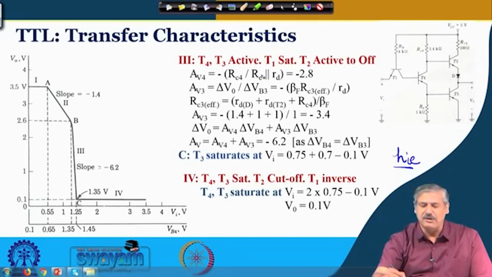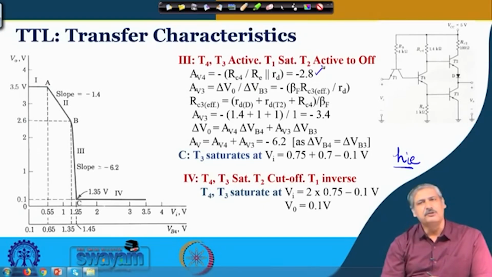So, this will not remain exactly at this particular value, but gradually this denominator will become less, but for our approximate calculation, this is sufficient. So, 1 kilo ohm in parallel, that is 0.5 kilo ohm, and we get the gain of minus 2.8 from this part, for this part of the gain.